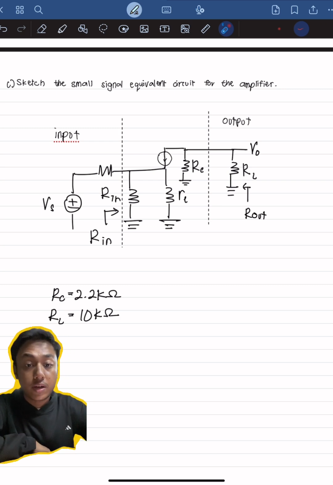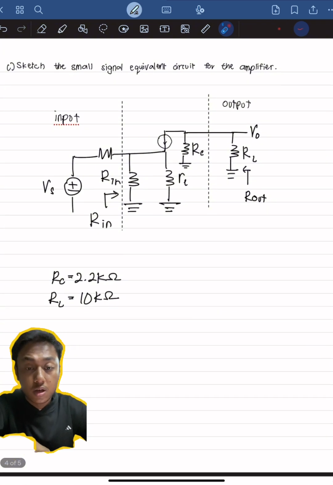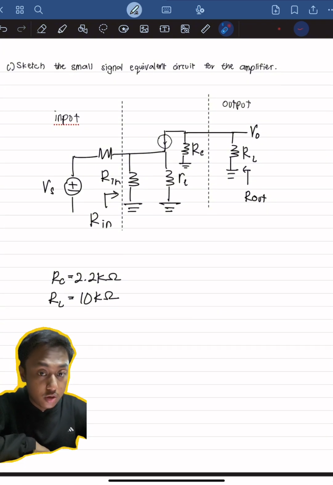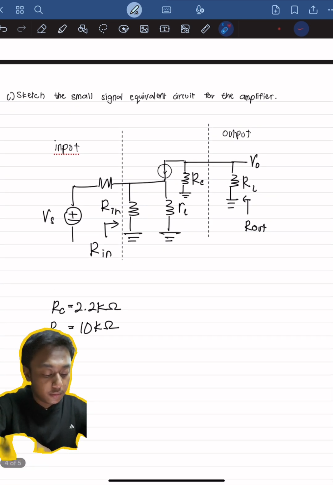Moving on to the third question, which is sketch the small signal equivalent circuit for the amplifier, which is earlier when I said that we have to make a simplified version of the original circuit. This is the simplified version of the circuit that we have to do the analysis on, since we already did the AC analysis.